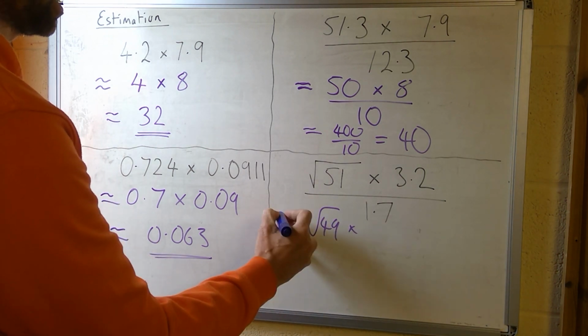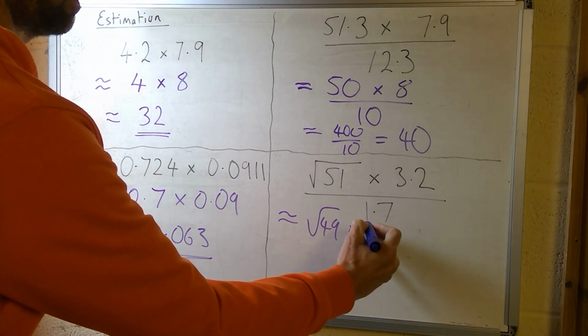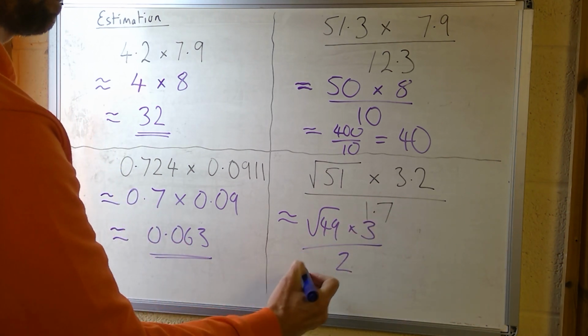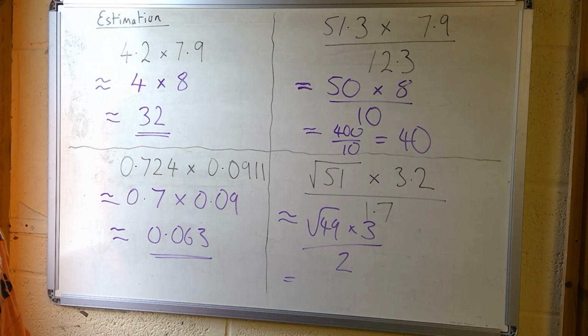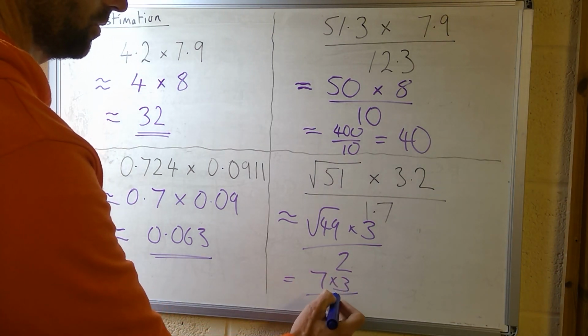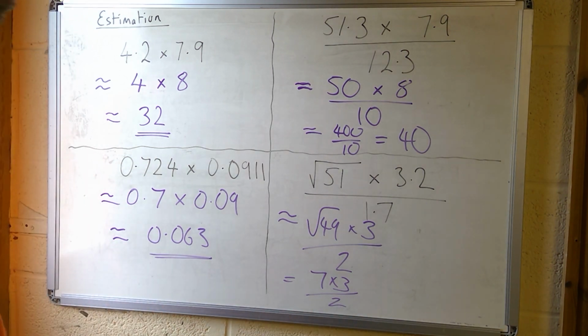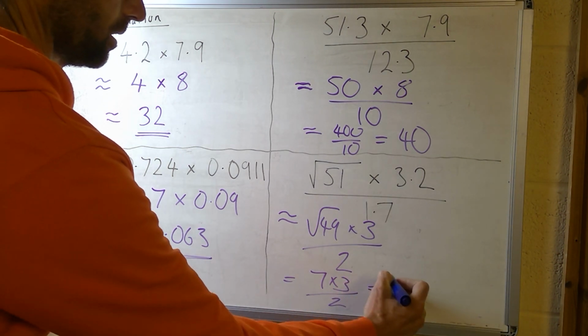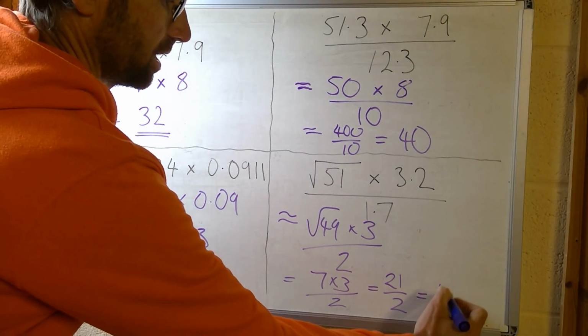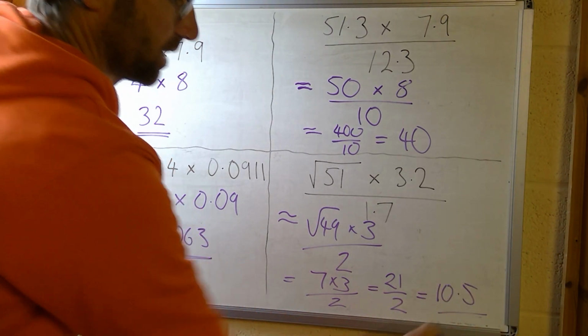The other numbers in the calculation we'll round to one significant figure. So that will be 3, and that will be 2. And because I know the square root of 49 is 7, I've got 7 times 3 divided by 2. 7 times 3 is 21 over 2, and 21 over 2 is 10.5.